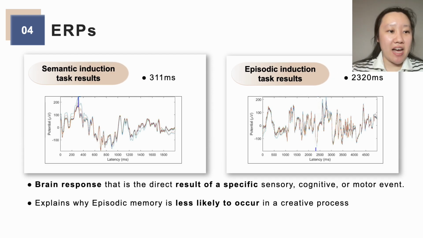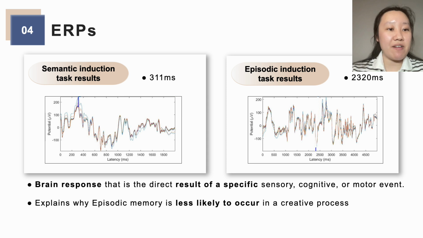For the ERP results, we can find that semantic memory needs around 311 milliseconds to be invoked, while episodic memory may need much longer, over 2,000 milliseconds. So based on the definition of ERPs, we know that ERP relates to the brain response to some specific cognitive event.